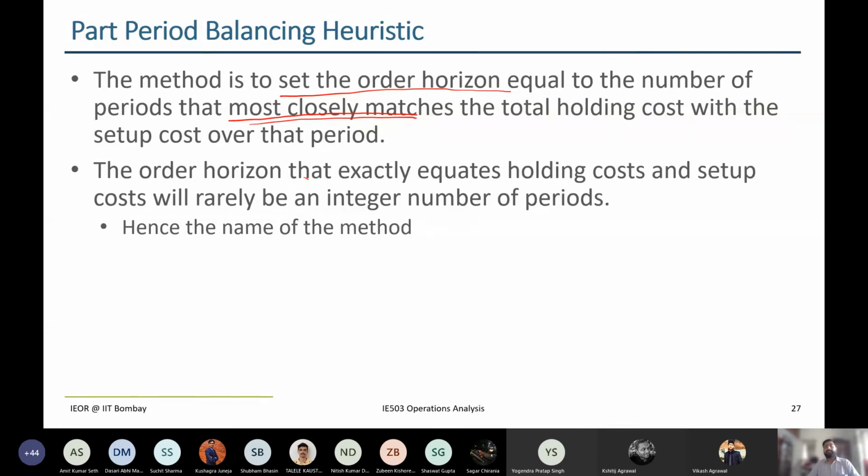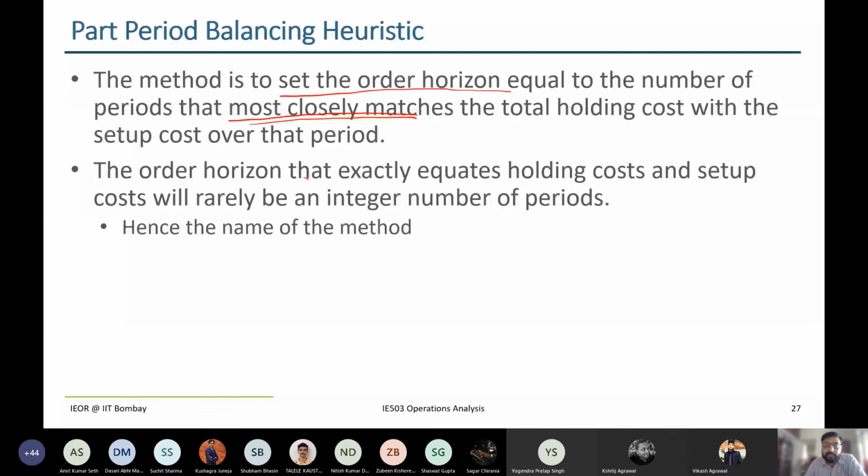That's it. So we know setup cost. At optimality, we already know that setup cost should be equal to the holding cost. Remember the EOQ graphs that we did where the setup cost and the holding cost are equal to each other at the optimum. So the same logic, we just keep doing it until the setup cost is very close to that holding cost, and then decide, okay, if they're both equal, then that should be your optimum order quantity.